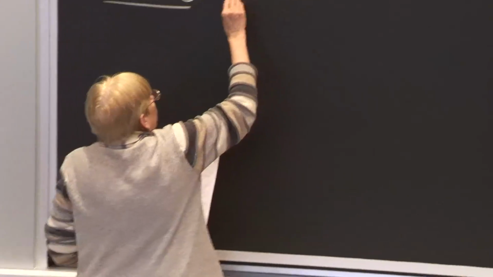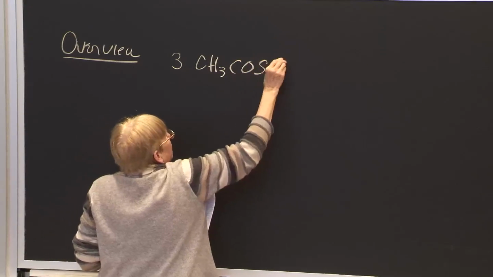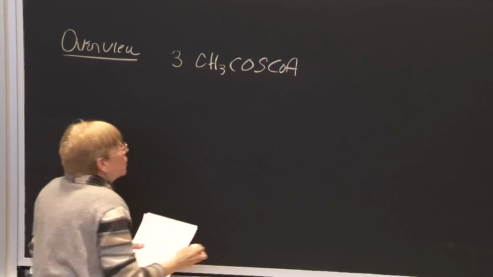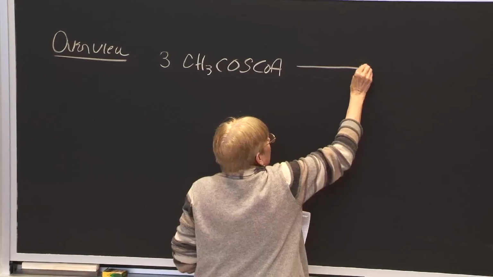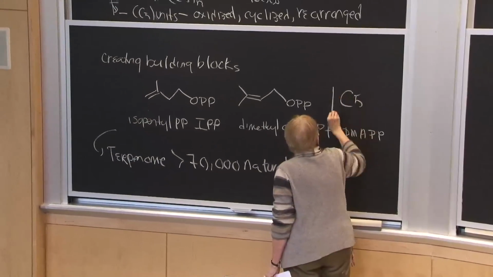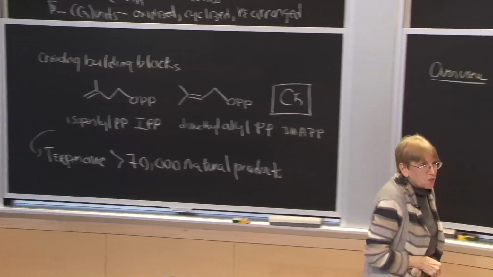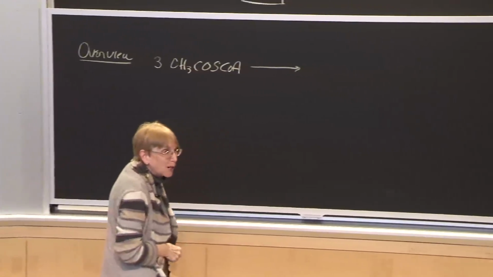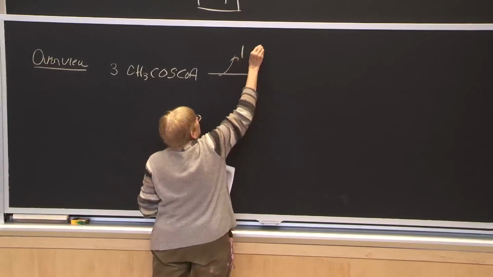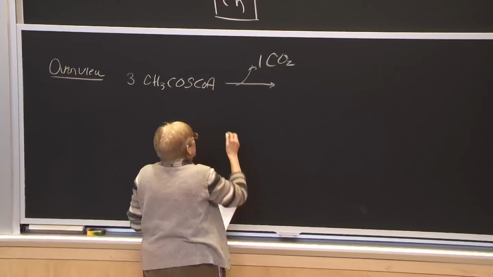So we have to use 3 molecules of acetyl-CoA. You all should be very familiar with acetyl-CoA, and we're trying to form C5. 3 of these gives us C6, so we have to get rid of a carbon. Whatever the pathway is, it turns out we lose one carbon as CO2.